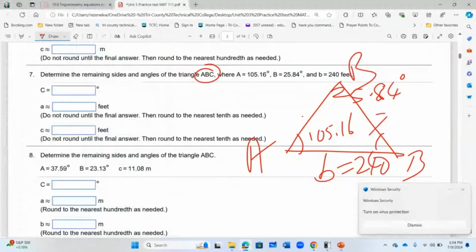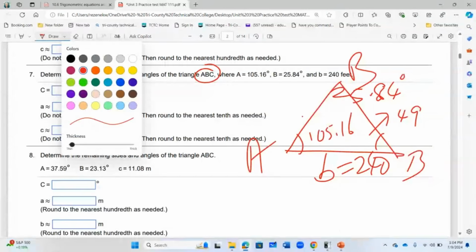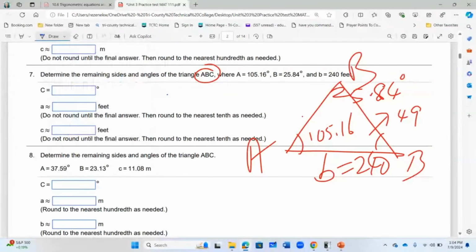This one right here is 49. Remember, I'm solving a triangle, and I can make my own box or circle, whatever I want. So the measure of the angle is 49 degrees.